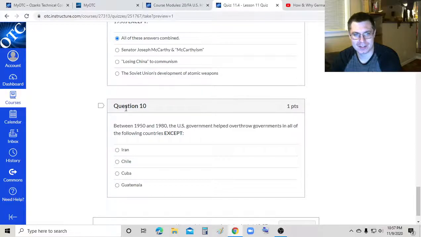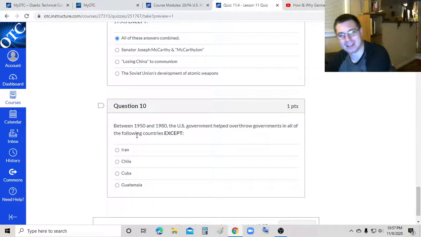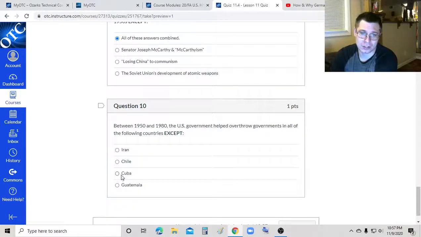And question 10. Between 1950 and 1980, the U.S. government helped overthrow governments in all of the following countries, except for Cuba, where the U.S. was unsuccessful in overthrowing Fidel Castro and the communists there. The U.S. did attempt it with the Bay of Pigs invasion, where they armed exiles to overthrow that government, but that invasion failed.